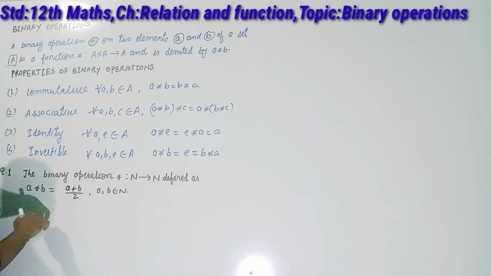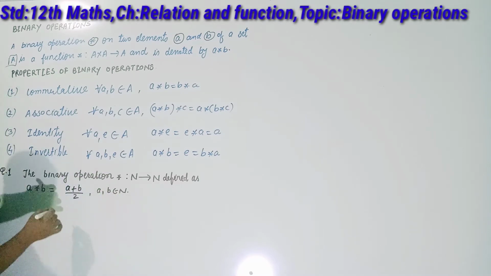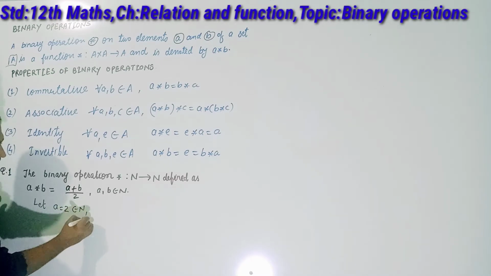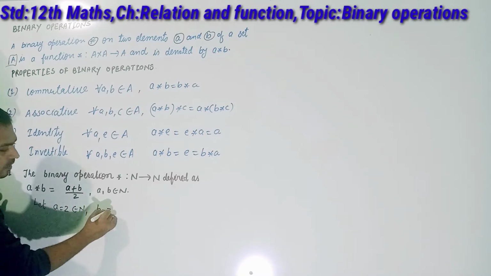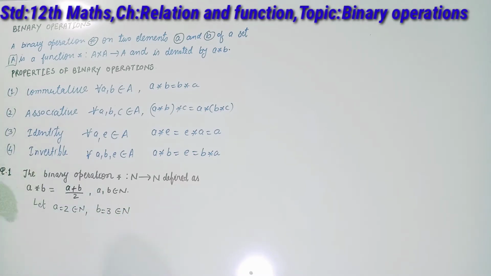Okay. Here students, you can see that the elements A, B belong to N. So consider A is equal to 2, which belongs to natural numbers, and B is equal to 3, which also belongs to natural numbers. Right students?